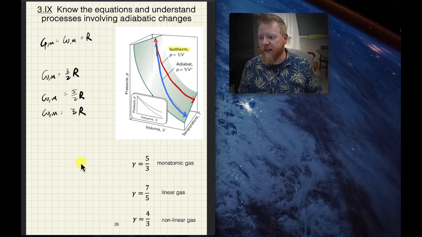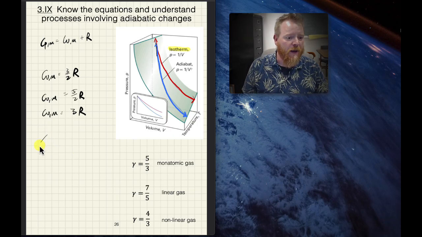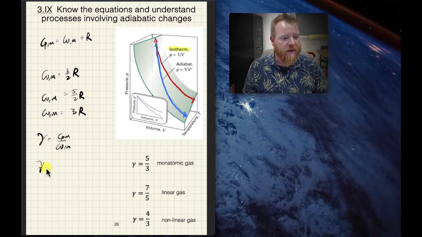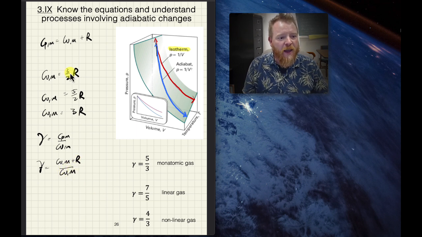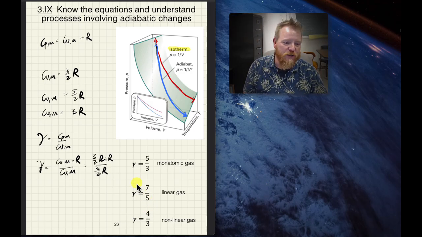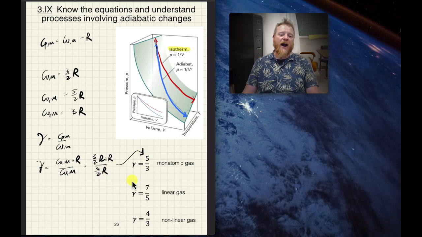So if we go back and look at that gamma, once again, gamma being CPM over CVM, then we arrive at these following relationships, right? So gamma for the monatomic gas, I'm going to replace CPM with CVM plus R, divided by CVM. And when we plug in that 3/2 R, right, we're going to get 3/2 R plus R over 3/2 R, okay? And doing some quick algebra here, that gives us 5/2 R divided by 3/2 R, meaning gamma is 5/3.